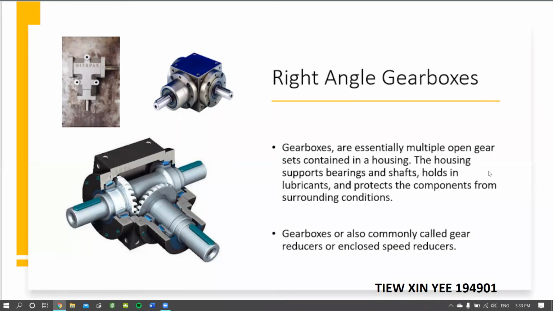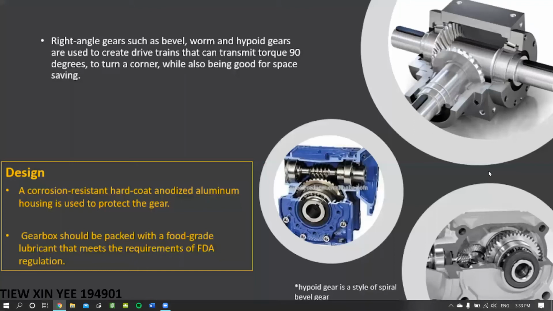Gearboxes are also commonly called gear reducers or enclosed speed reducers. Right angle gears such as bevel, worm, and high-foot gears are normally used to create drivetrains that can transmit torque 90 degrees to turn a corner while also being good for space saving.